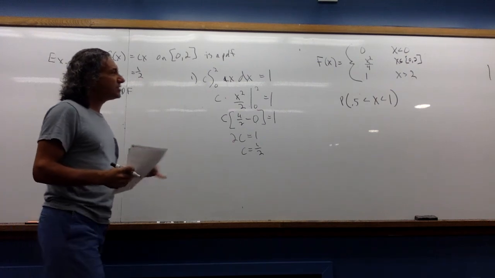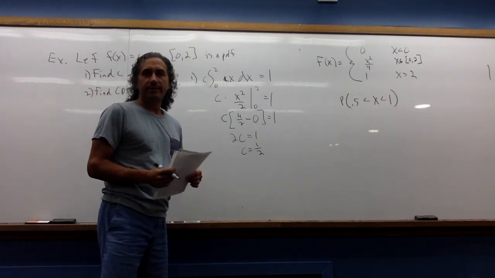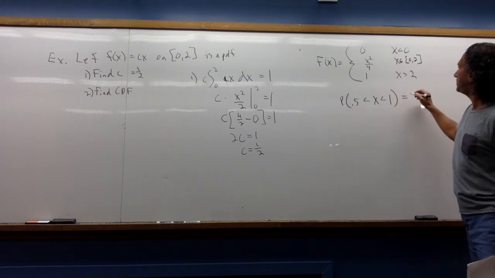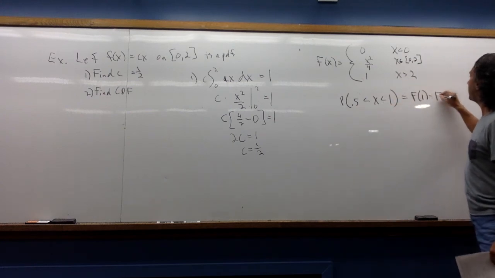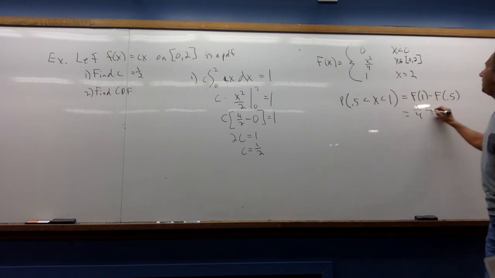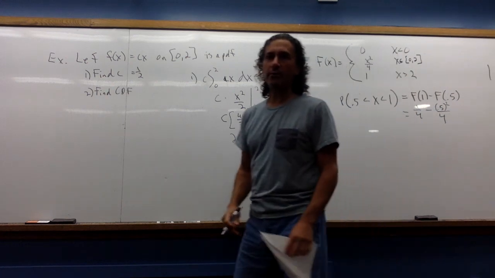Well, instead of integrating from 0.5 to 1, we now have just a function that we can evaluate. This is just big F of 1 minus big F of 0.5. This is 1/4 minus 0.5 squared over 4, and we're done.